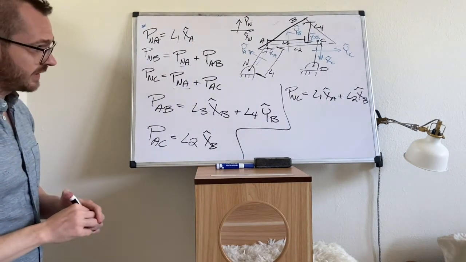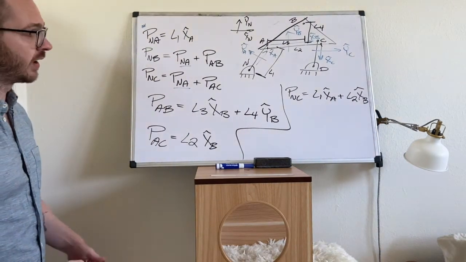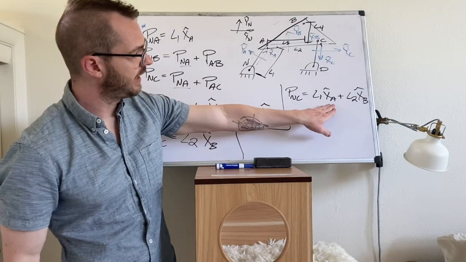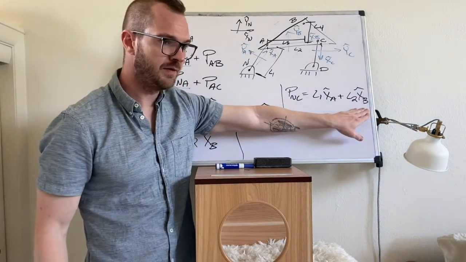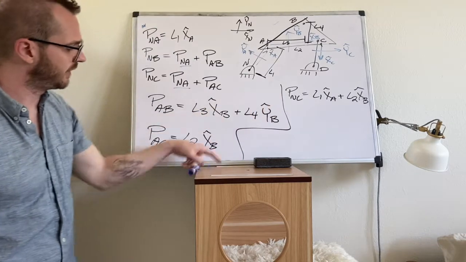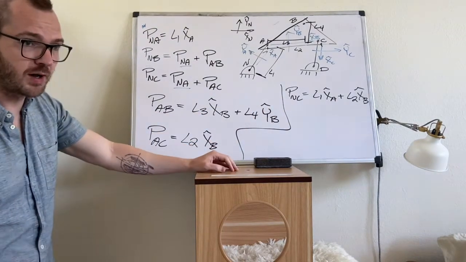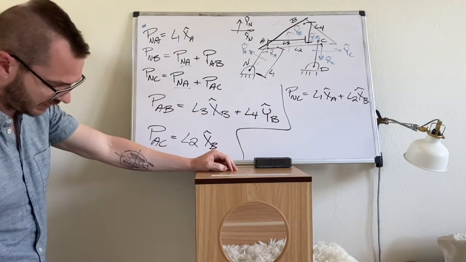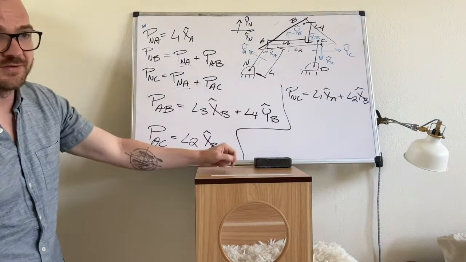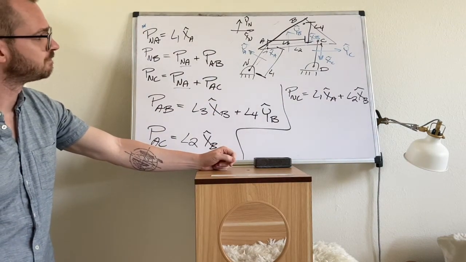Now that position vector is in two different frames, right? I've got a little bit in the A frame and a little bit in the B frame. This is perfectly acceptable. There's no problem with doing that, as long as all of these frames and all of these distances are defined, everything's okay.